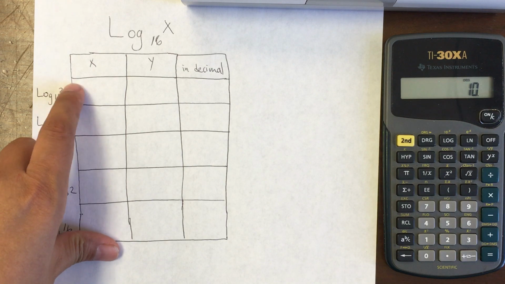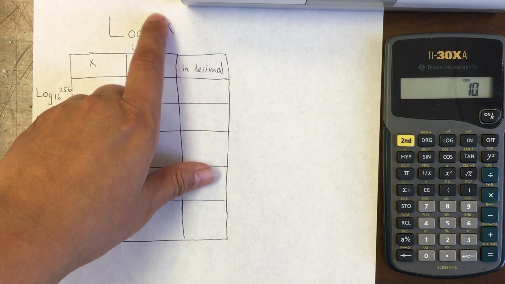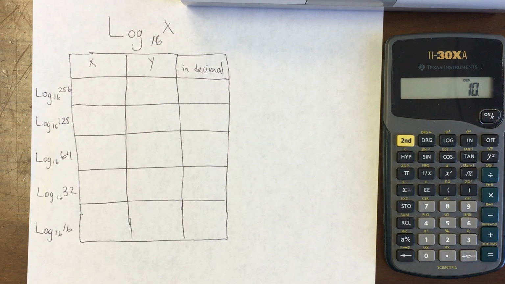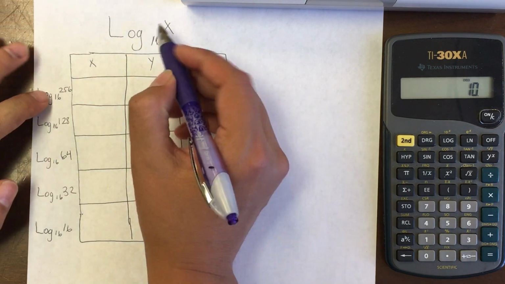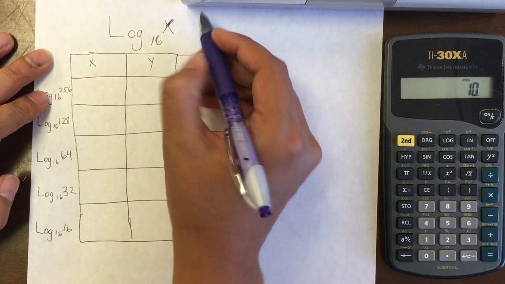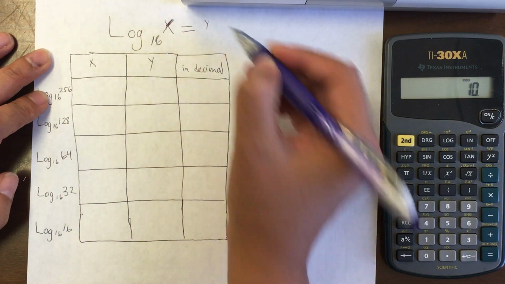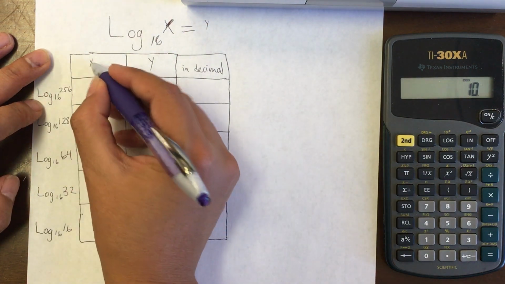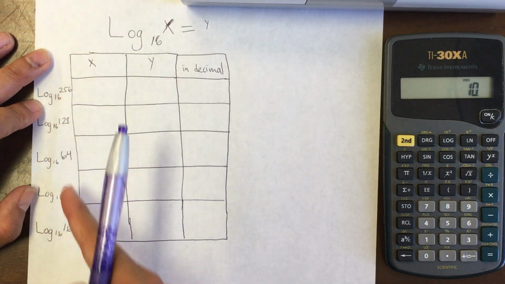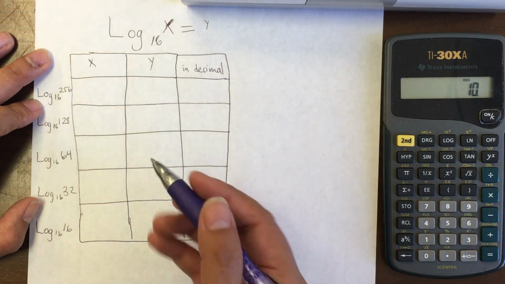We call this the x, our fixed value. And so basically what this means, if this is the value of x, the answer will be our value of y. Okay, so let's say that we have these logs with the base 16.